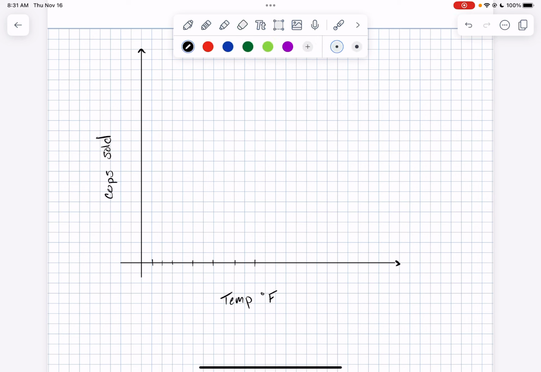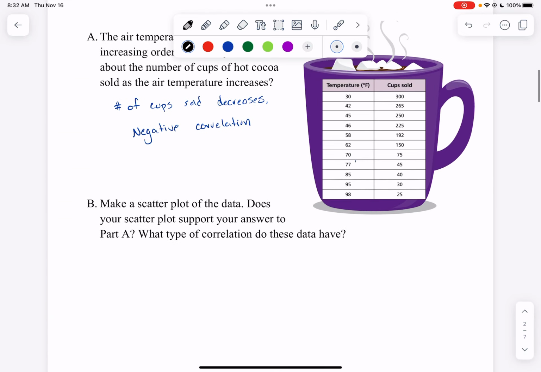So let's go ahead and adjust that. 5, 10, 20, 25, 30, 35, 40, 50, 60, 65, 70, 75, 80, 85, 90, 95, 100. Because my temp only goes up to a maximum of 98, so I can go from 30 to 98.